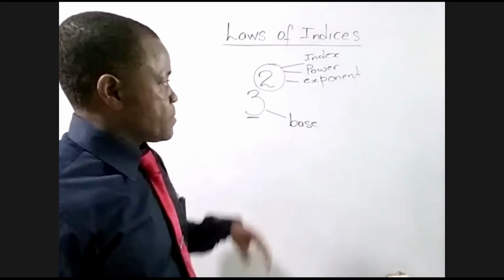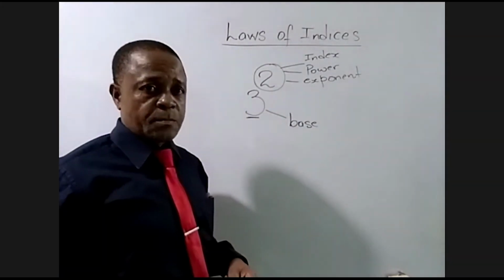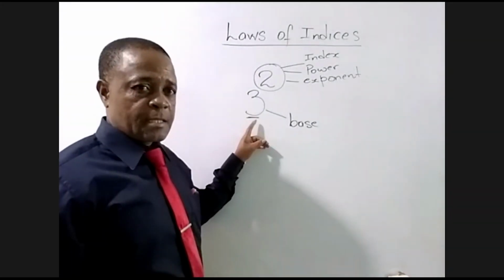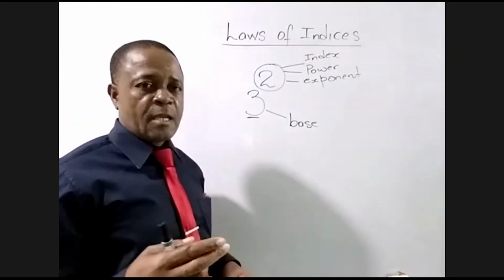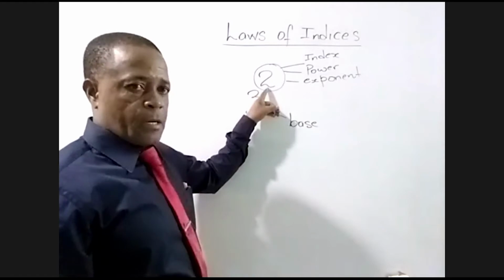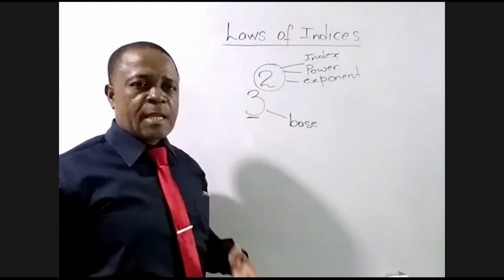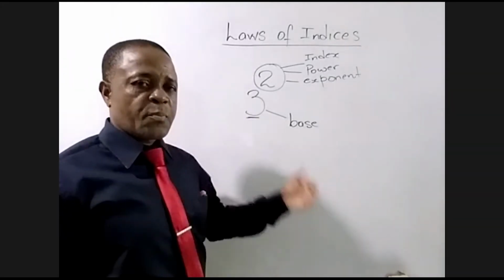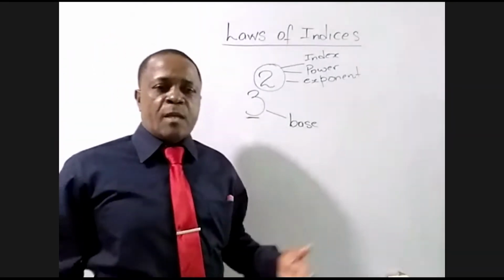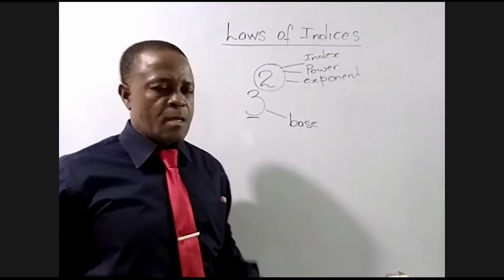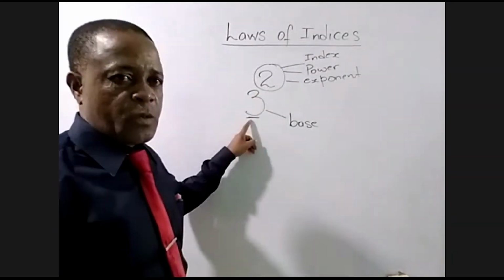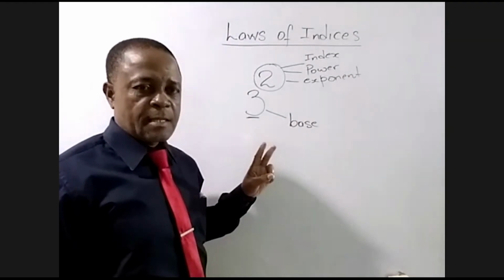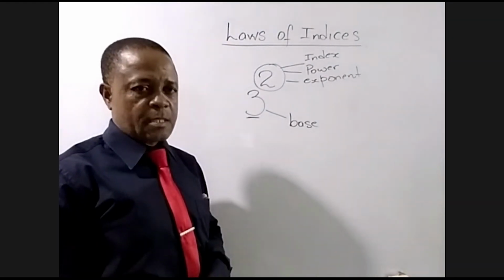So the power is actually telling you how many times you should express the base as a product. To put it simply, this power is telling you write down the base 2 times and then multiply them. That's what it is saying.